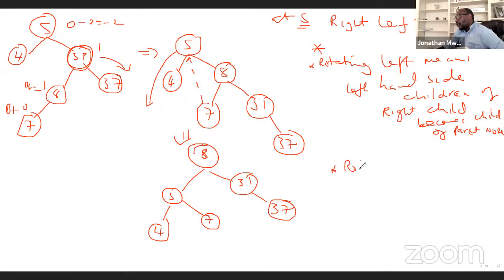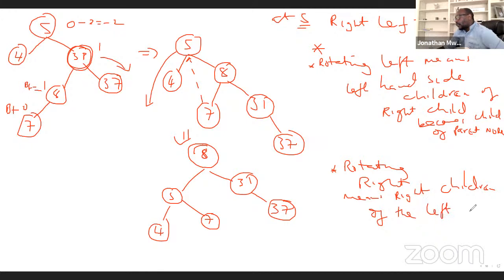If we are rotating right, it means right children of the left child become left children of the parent node.